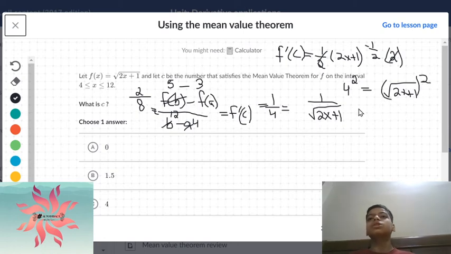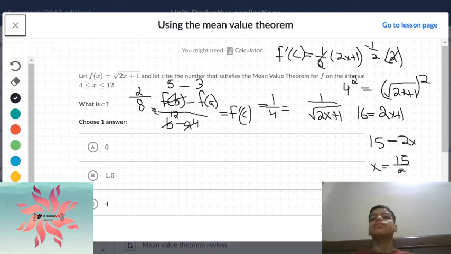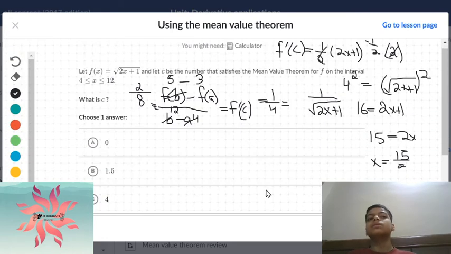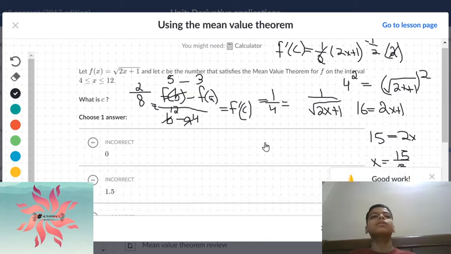This will become 16 is equal to 2x plus 1. So this becomes 15 is equal to 2x. x is equal to 15 halves, or 7.5. Yes.